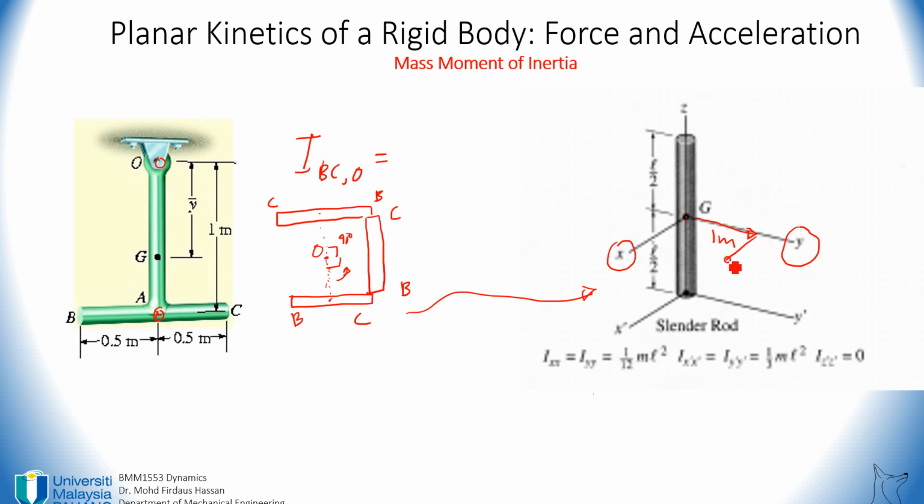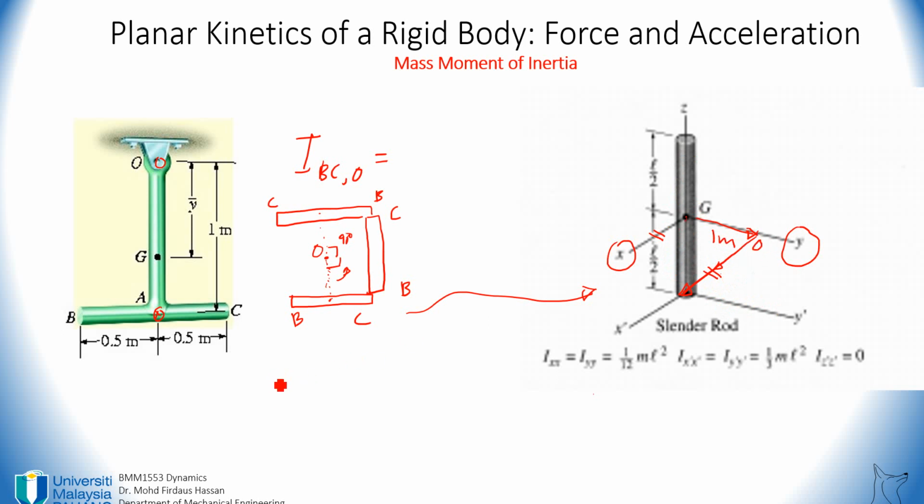So this is your new axis, where this is O, this is the axis of rotation. You can see that X is parallel to this one. That's why we call it the parallel axis theorem. This rigid body or cylinder rod now rotates about a new axis which crosses point O.